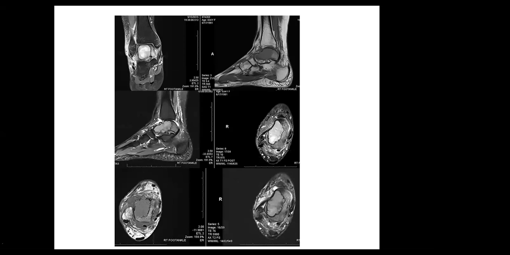There is a well circumscribed lesion involving the talus, hypo-intense in T1 and hyper-intense in T2 and STIR. A well circumscribed narrow zone of transition with a hypo-intense rim, seems to be a sclerotic border.